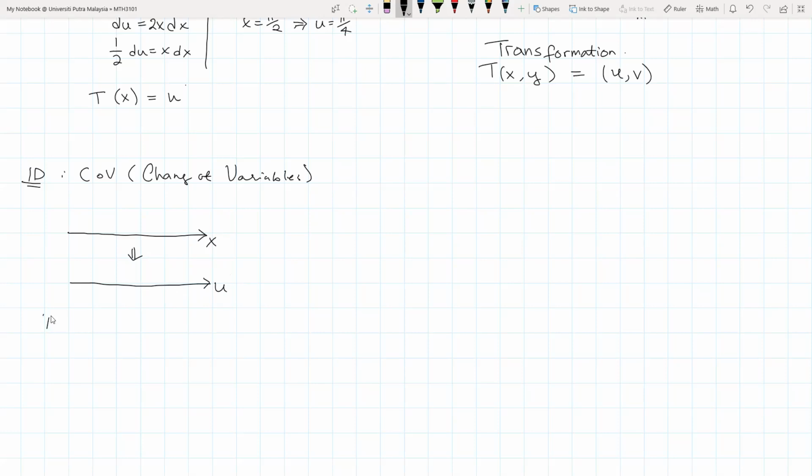After you do the calculation, you change this u line back into the x line. So if I want to get u, T of x equals u. This is the change of variable. And then after the calculation, I want to get x. X now becomes T inverse of u.